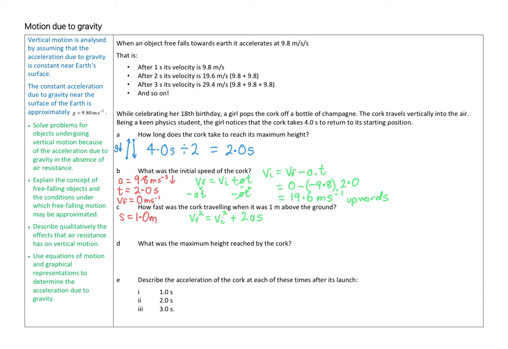We substitute the numbers into there and we get VF squared equals 19.6, we just worked that out, squared plus 2. Now remember the acceleration is in the opposite direction, so 19.6 positive was up. So we're going to times this by minus 9.8, times it by the displacement, which is 1 metre.